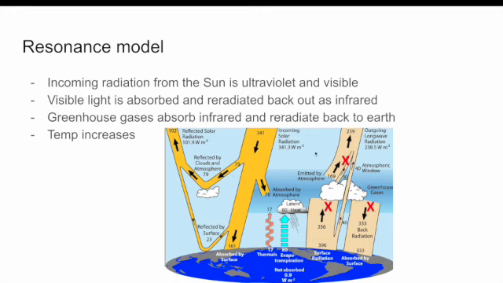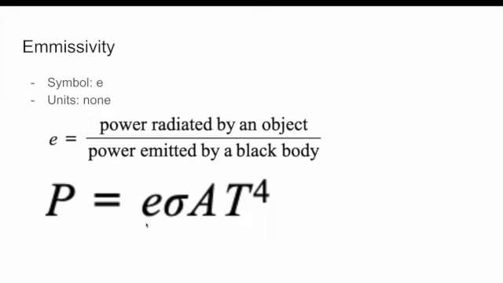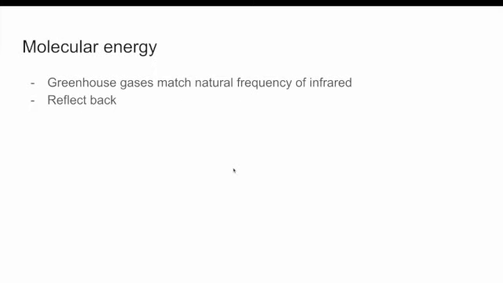And greenhouse gases up here somewhere absorb this infrared and then send it back to the Earth like this. That's called back radiation. Because of this, it's once again absorbed by the surface. And so the temperature of the Earth increases because, as you can see here, when you absorb power, your temperature will increase. So that's pretty much the entire resonance model.